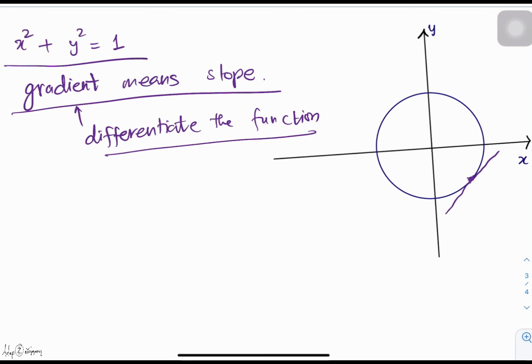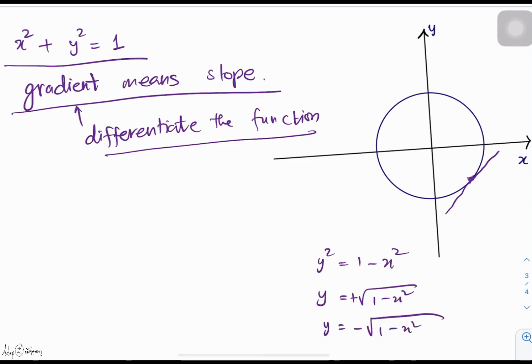If you did it in a different way, it would be y squared equals 1 minus x squared, then taking the square root on both sides gives positive and negative square root of 1 minus x squared, which gives you the upper curve and the lower curve here.